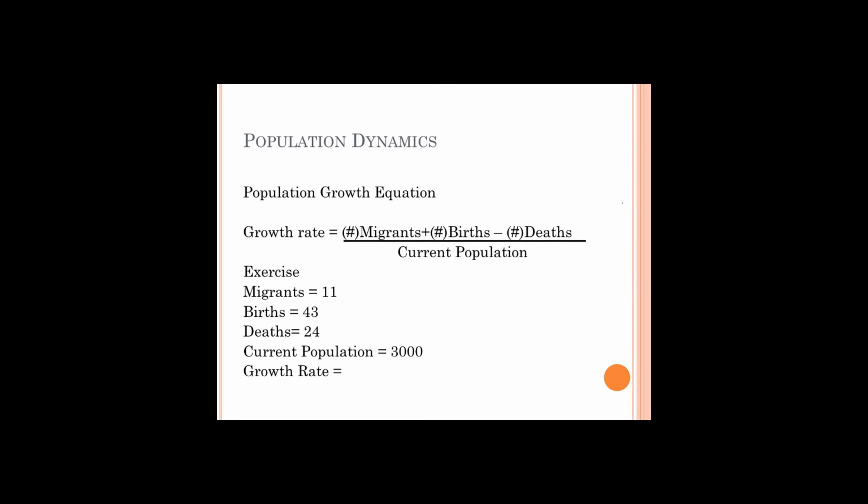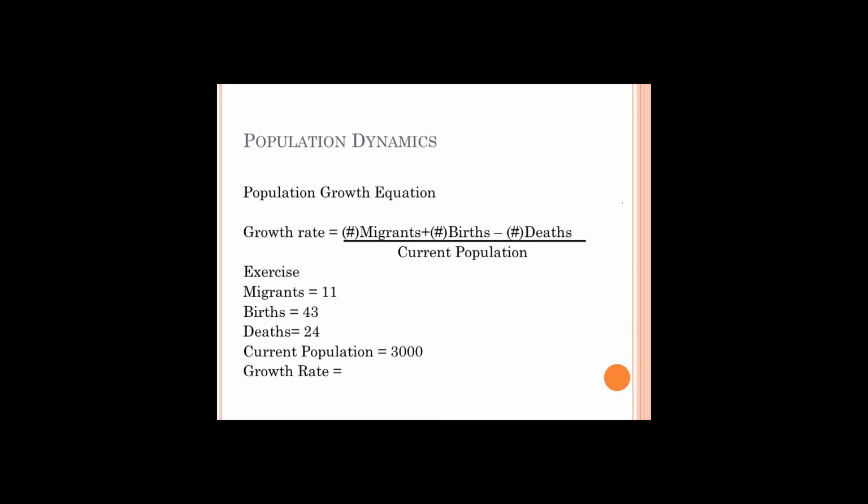To calculate the growth rate of a population, you simply take the number of migrants for a country, add the number of births for that country, subtract the number of deaths for that country, and divide by the current population.